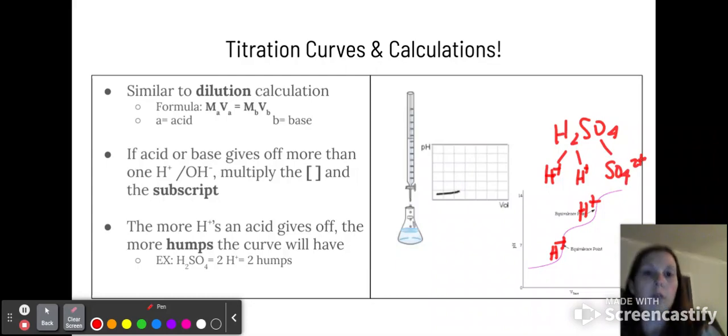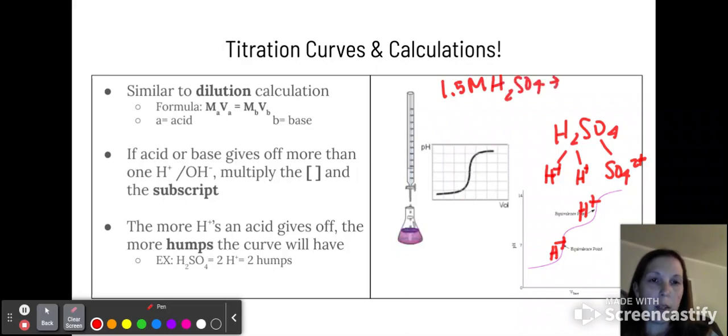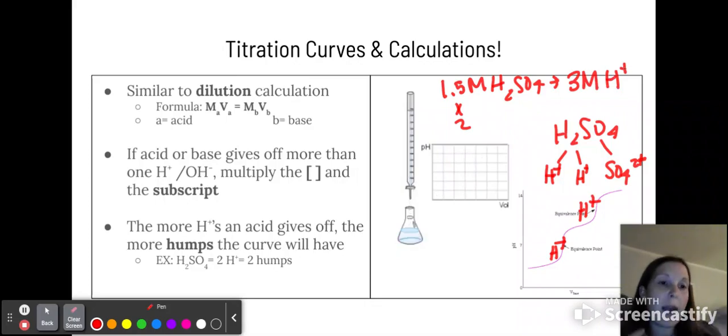Okay, so if you had a concentration of 1.5 molar H2SO4, then you would have to take this and multiply by 2. So you would have 3 molar H plus given off because 2 H's are coming from 1 H2SO4.